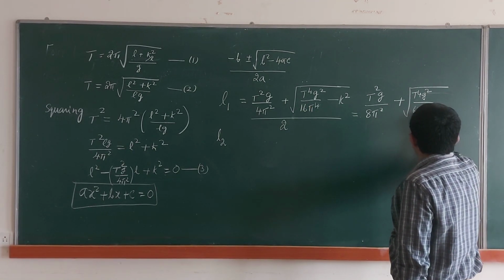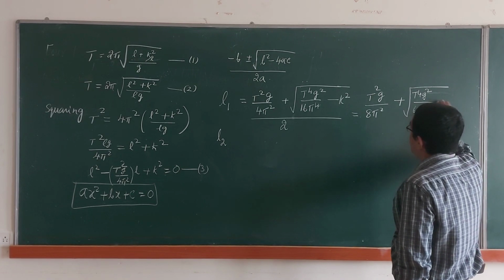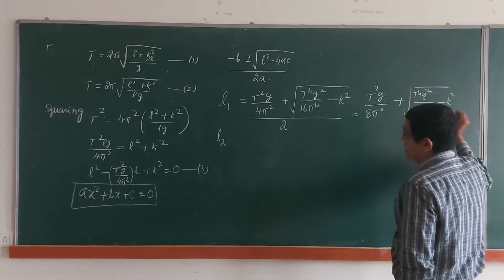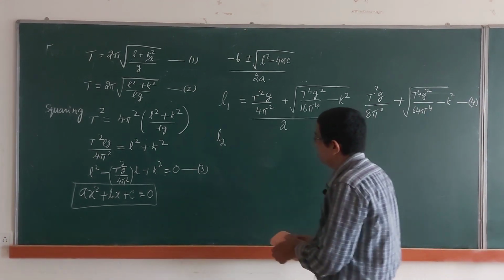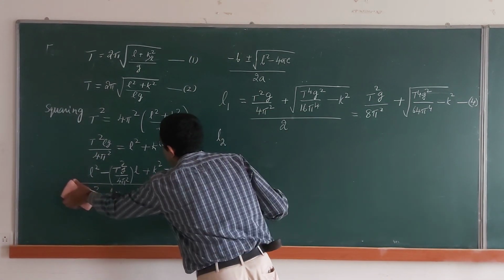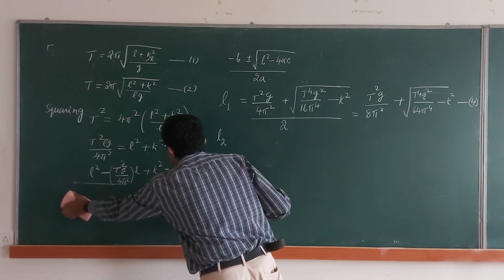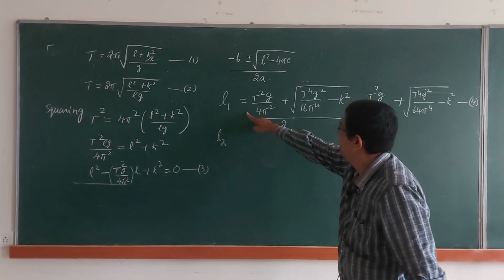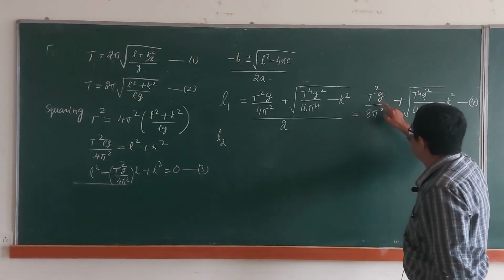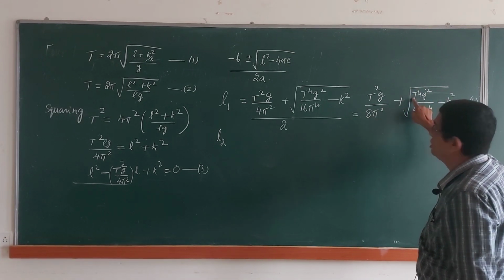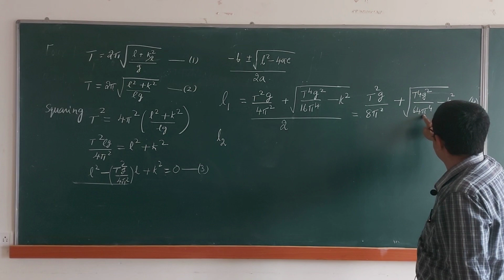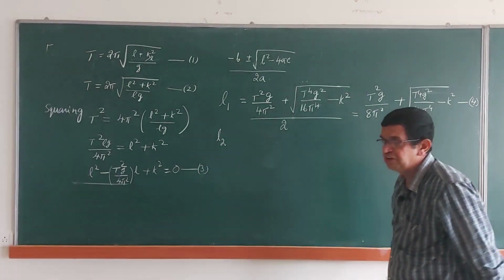Therefore, 64 pi to the power 4 minus K square. Let us write this as equation 4. Therefore, we have the first root of this quadratic equation in L as L1 equal to T square G by 8 pi square plus the square root of T to the power 4 G square by 64 pi to the power 4 minus K square.